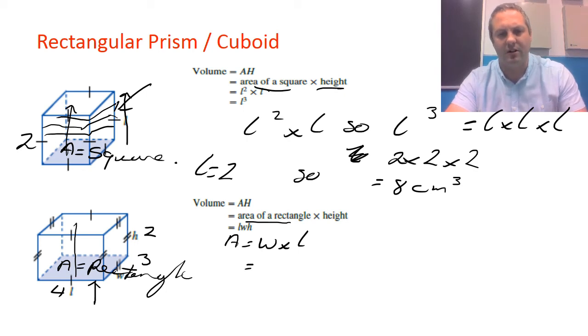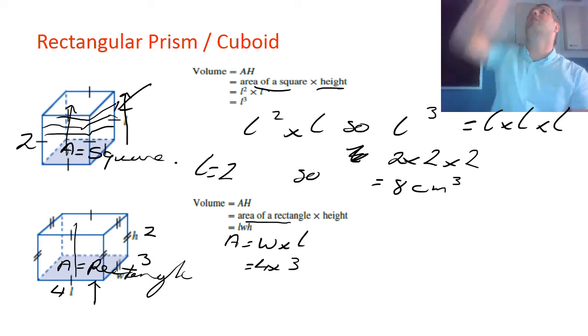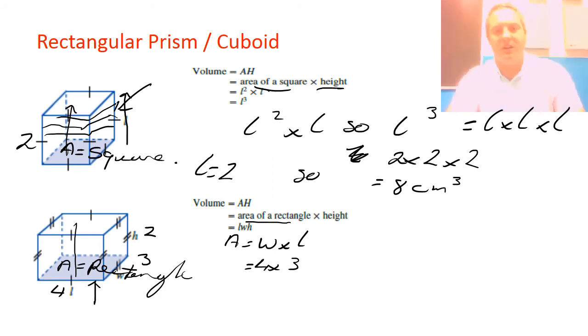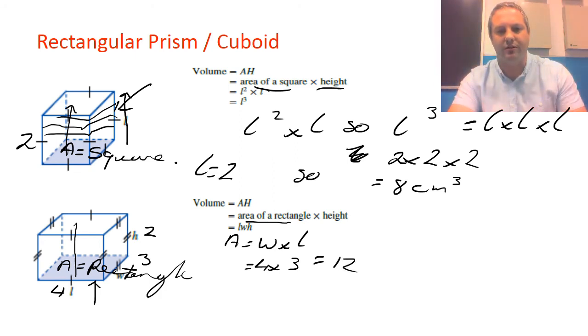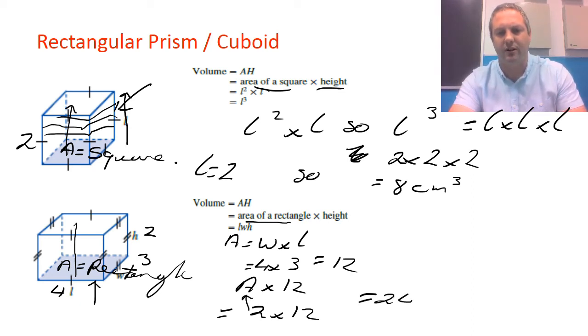So that's going to be 4 times 3, which equals 12. But we've also got height. So we've got area times height, which means it's 2 times 12. So 2 times 12 equals 24 centimeters. Include the cubed because that's our answer.